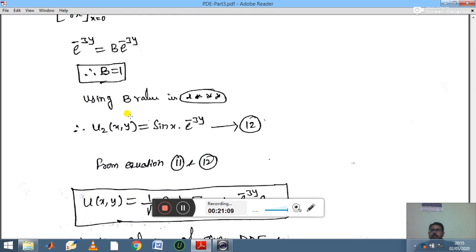Then using b value in equation 4 star, you are getting u2 of x comma y is equal to sin x, b value is 1, therefore sin x into e power minus 3y. You take it as equation 12. Okay, this is your equation 12, which represents the second part solution. Then you combine first part solution and second part solution, that is u1 value and u2 value together.